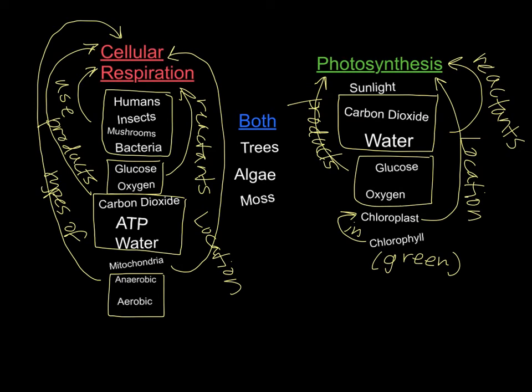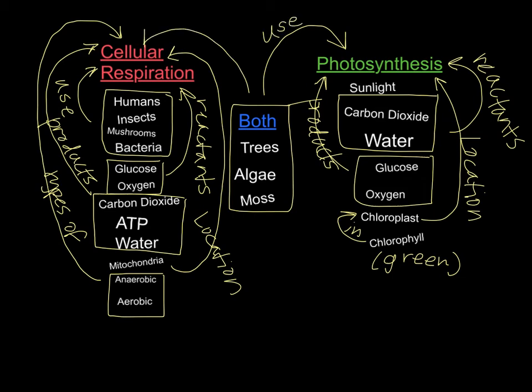Okay, now we can start connecting between groups. Now, for these both groups, in the middle, it is connected to both cellular respiration and photosynthesis, so we need to show that. So we're going to say these organisms use photosynthesis and they use cellular respiration.